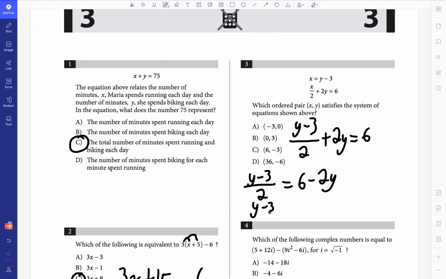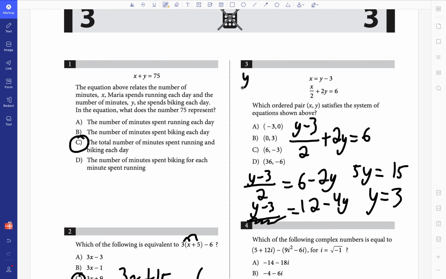Therefore y minus 3, multiplying by 2 on both sides, equals 12 minus 4y. Therefore y equals, or 5y actually, because we add 4y on this side, equals, and then we add 3 on both sides, 15. Therefore, y equals 3.